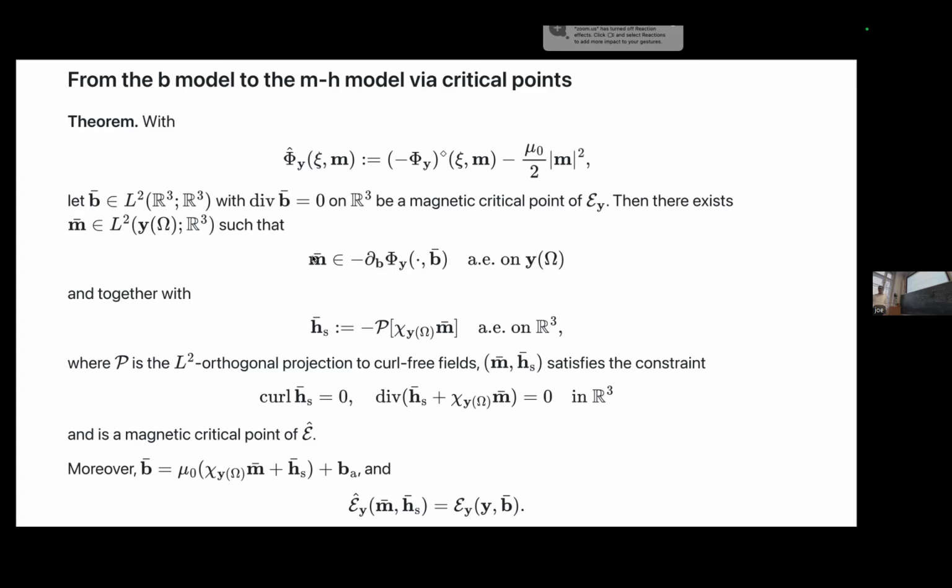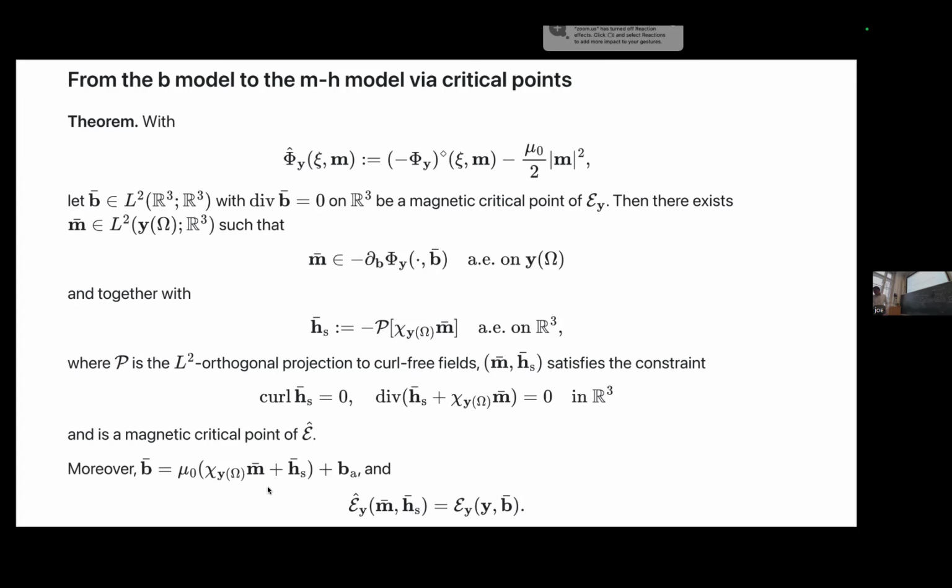This is a constitutive equation that relates M with B. And once I know M, I can obtain H_s by making this projection I was telling you before. And then automatically the projection satisfies this condition. It's curl-free. And it also satisfies the divergence constraint, and this is a critical point of the MH energy.